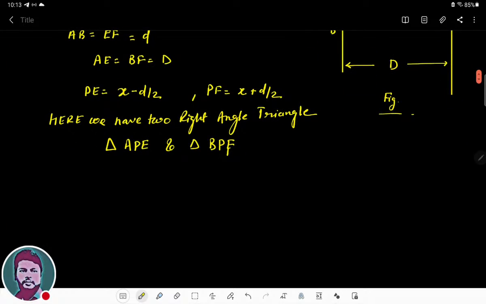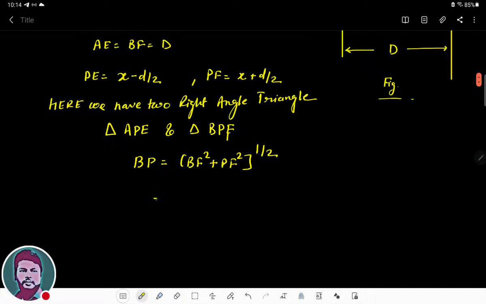We have to calculate the value of BP, that is BF square plus PF square, whole to the power 1 by 2. So we have to put in the values of BF and PF.